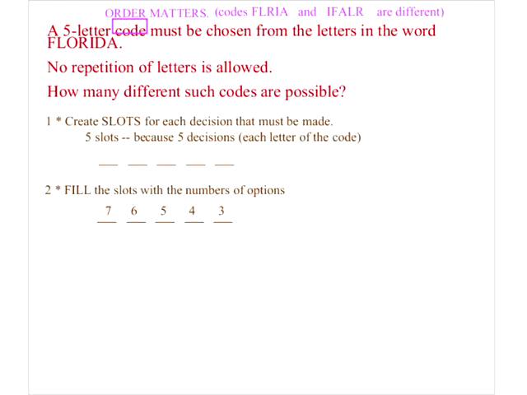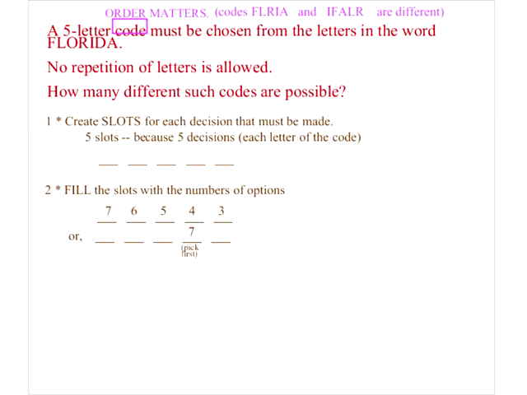Now, here's an important distinction. Here we chose the slots from left to right, but there's no reason we'd really have to do that. If we wanted to, we could totally pick the 4th slot first. If I wanted to pick this letter first, I could do that.